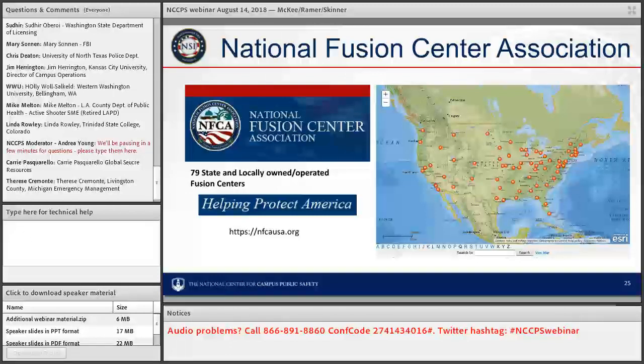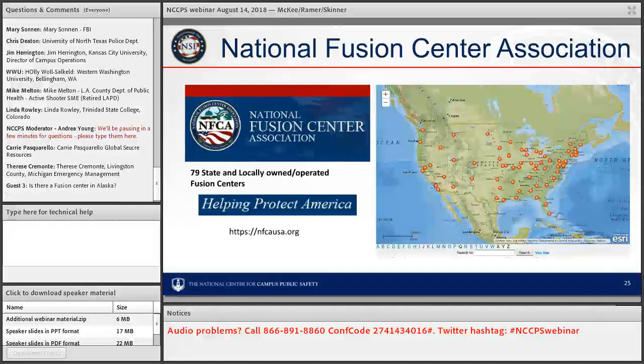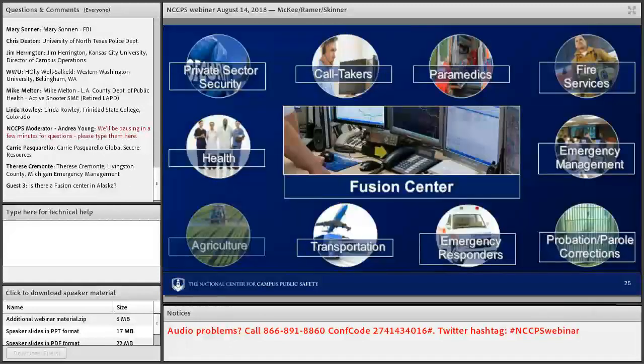And as I said before, I certainly encourage you to know who that is, to begin a relationship with your fusion center. Fusion centers have liaison officer programs, and they'll be very happy to inform you on what an opportunity that is for you to become a liaison to the fusion center. And in particular, once you're a liaison to the fusion center, that SAR process becomes very streamlined for you, and it's a good asset for you.